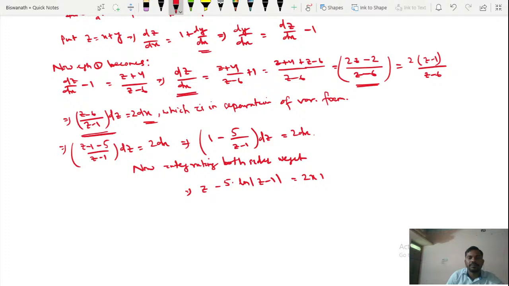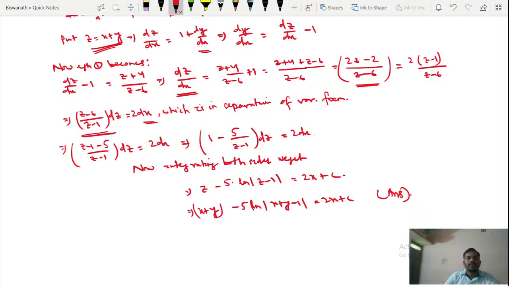The right hand side is 2x plus some constant. Your z is x plus y, so in place of z you can put x plus y. So x plus y minus 5 times ln|x plus y minus 1| is equal to 2x plus c. You can say this is your answer.